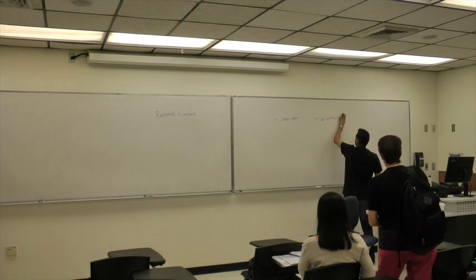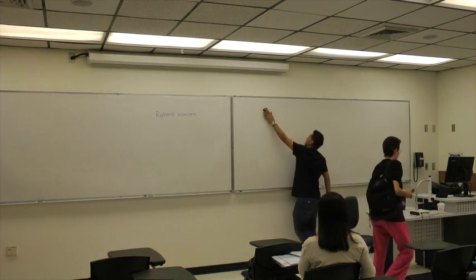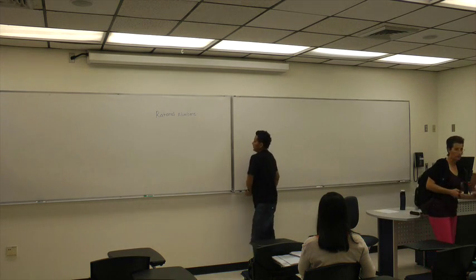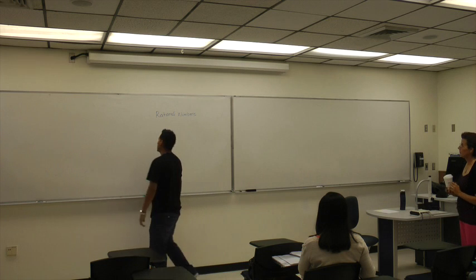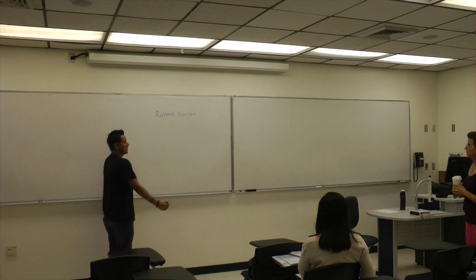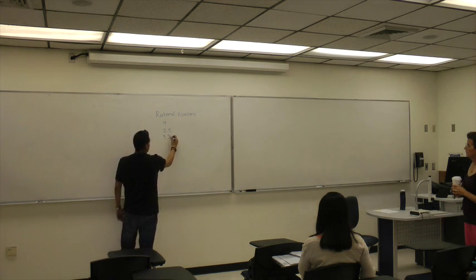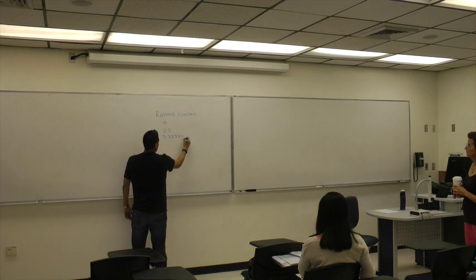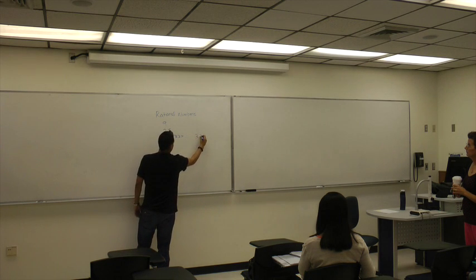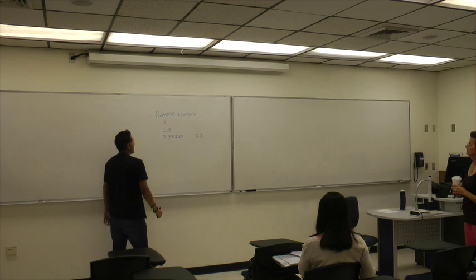Rational numbers are eventually gonna come to an end when you write them. Obviously 9 is just 9. 2.5 is a rational number because it just finishes. You can have 3.3333 and keep going forever. It's the same as saying that, right?